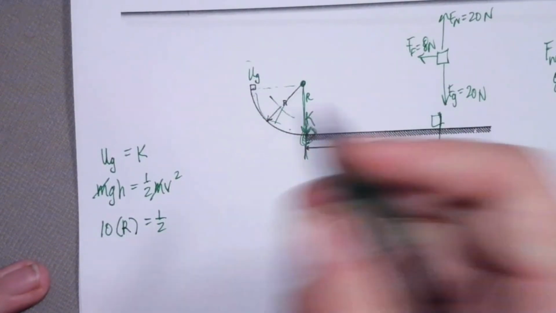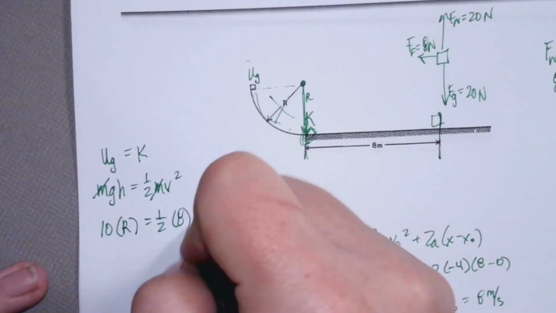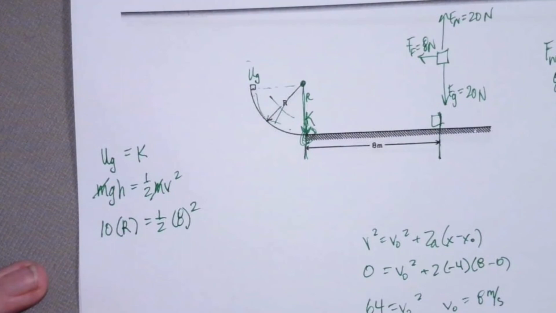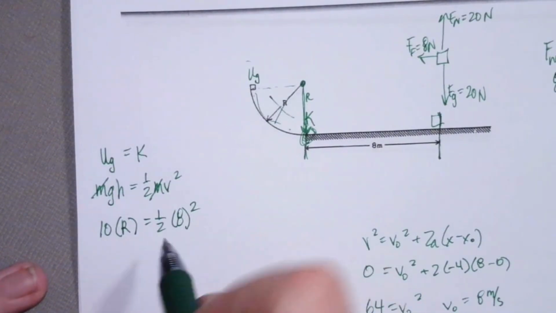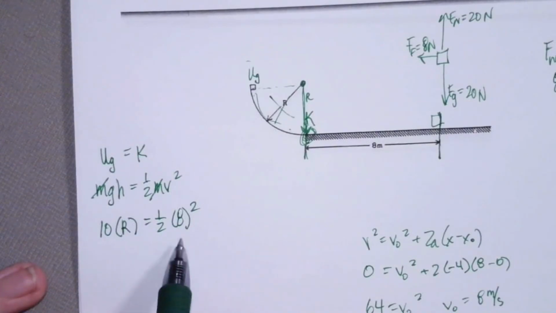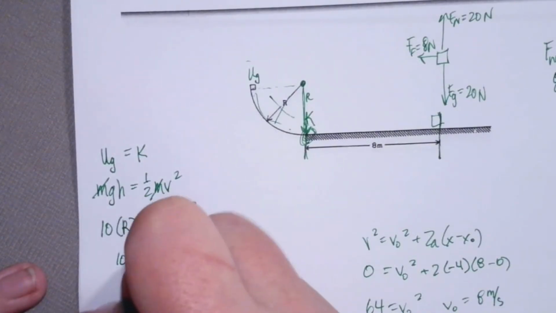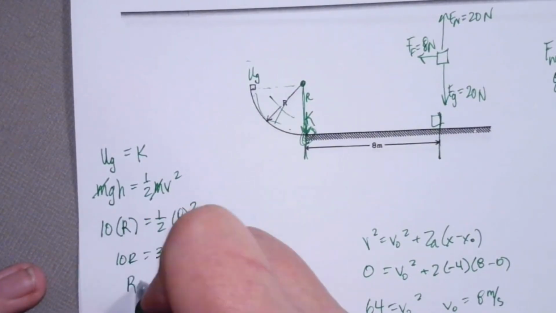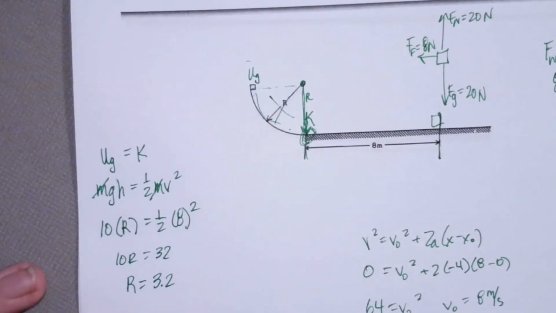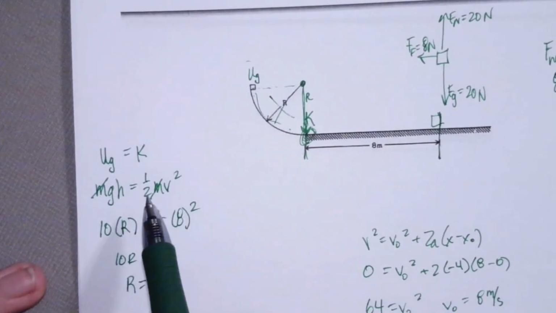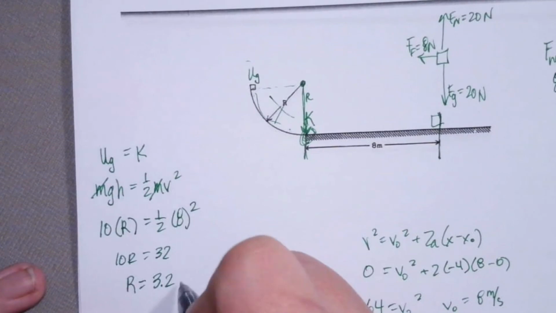Our v naught was 8. So 1/2 times 8 squared. Okay, 8 squared is 64. Half of that is 32. So 10r equals 32, which means the radius is 3.2, and the SI unit for height is meters, so 3.2 meters.